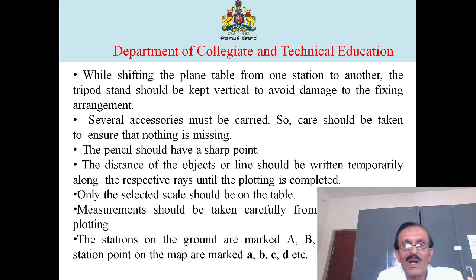The distance of the objects or the line should be written temporarily along the respective rays until the plotting is completed. Only the selected scale should be on the table. The measurement should be taken carefully from the scale while plotting. The stations on the ground are marked A, B, C, D, etc., while station points on the map are marked a, b, c, d, etc.